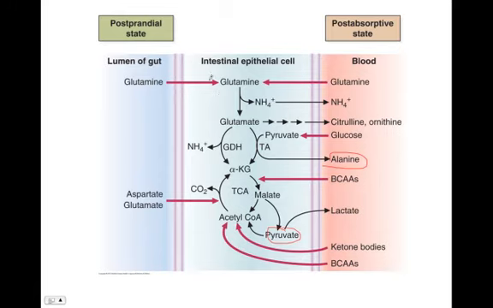Similar to the kidney, glutamine is deaminated by glutaminase to generate glutamate, which can undergo a reaction with glutamate dehydrogenase to free an ammonium ion and generate alpha-ketoglutarate, which can be used as a substrate within the TCA cycle.